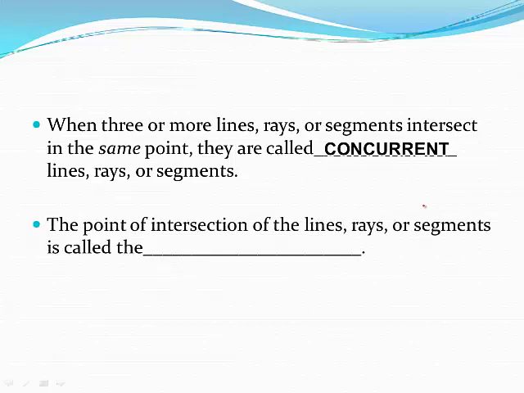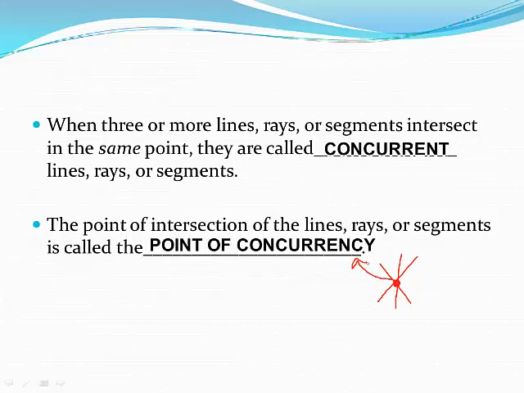The point of intersection of lines, rays, or segments is going to be called the point of concurrency. So if I draw 3 line segments and they intersect somewhere here, we call that the point of concurrency. And this is going to be evident when we do constructions and in the next slide as well.